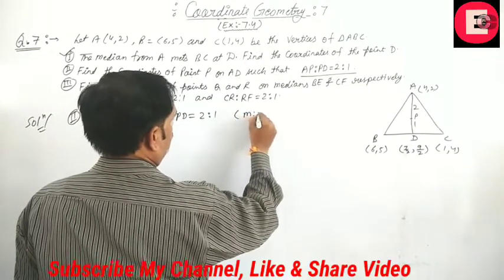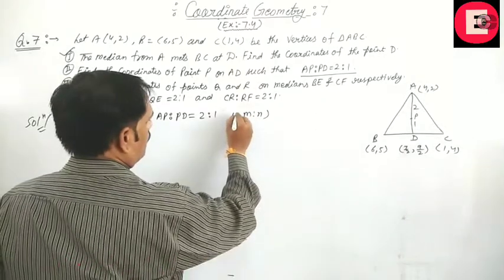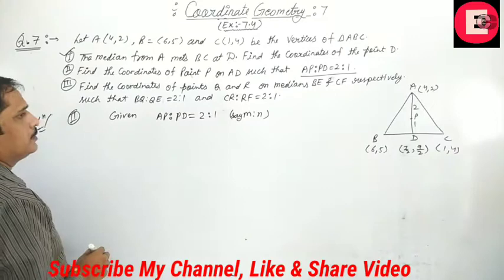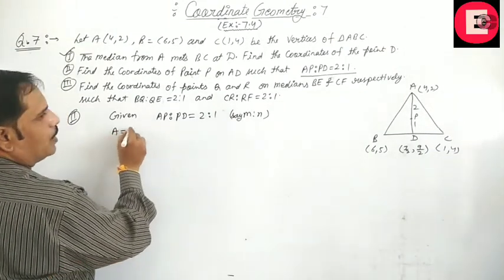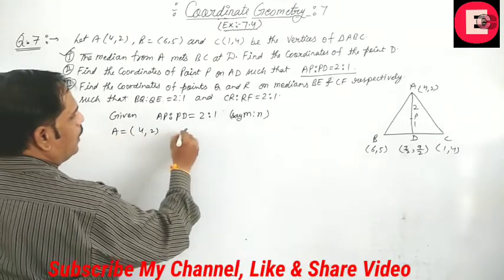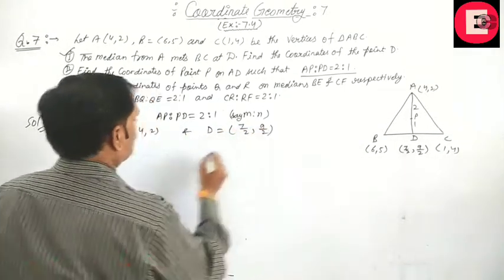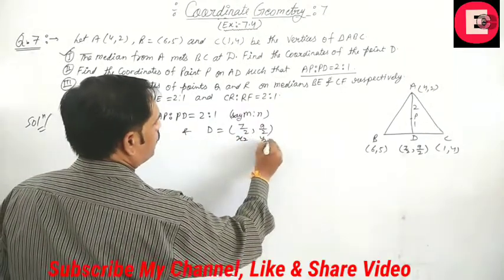Therefore, m ratio n. Clear? Now point A is (4, 2) and D is equal to (7 upon 2, 9 upon 2). Here these are x1, y1 and x2, y2.